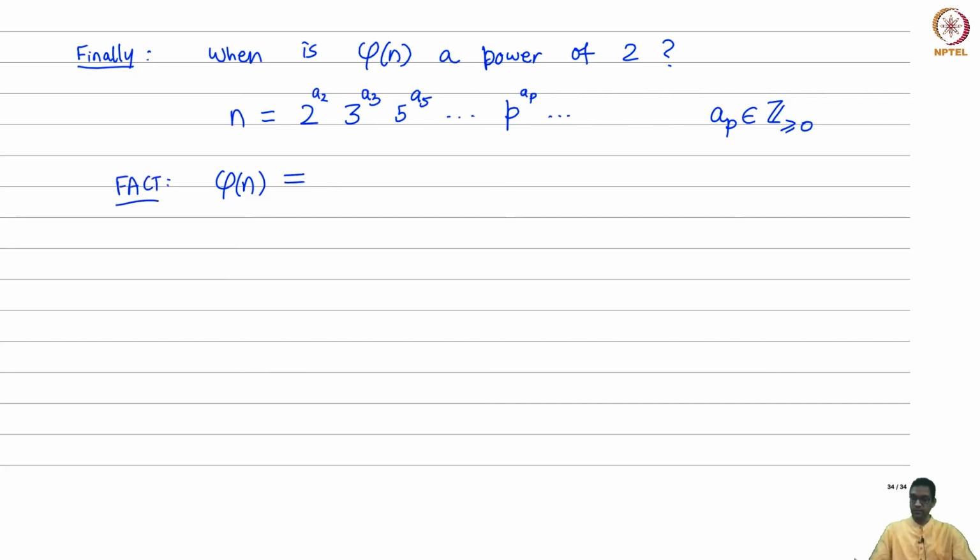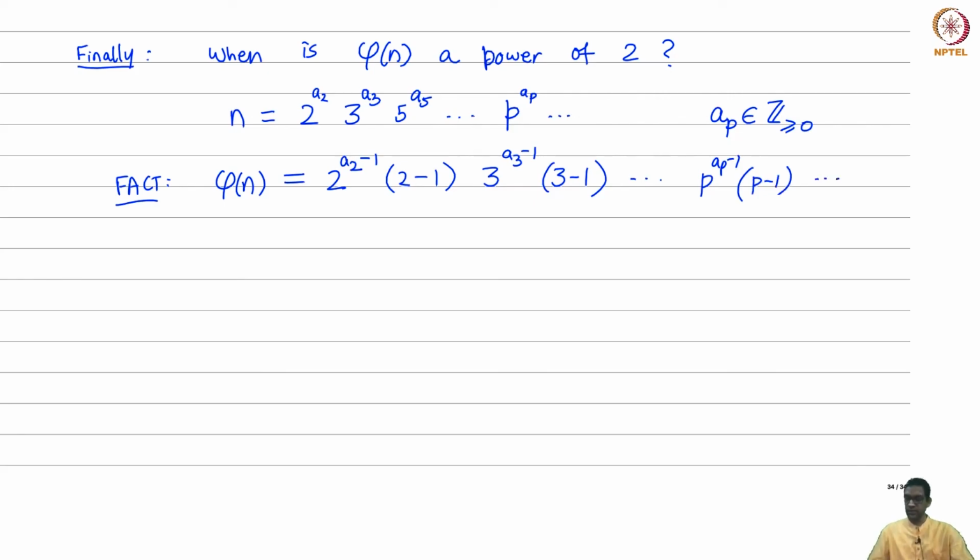It's a product of phi of each of these prime powers, and in each case it is 2 to the a2 minus 1 into 2 minus 1, then 3 to the a3 minus 1 into 3 minus 1, and so on. So in general, p to the ap minus 1 into p minus 1.